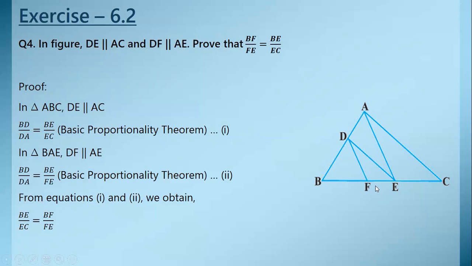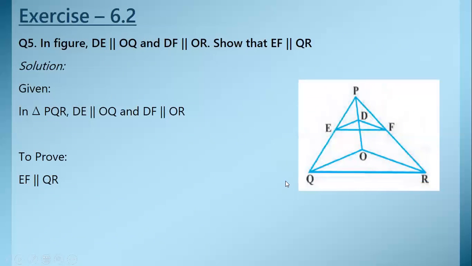Again, by the basic proportionality theorem, BD by DA is equal to BF by FE. Now, comparing these two equations, the left hand sides are equal. So the right hand side BE by EC is equal to BF by FE. This is what we have to prove. Hence, proved. So now, moving on to question number 5.